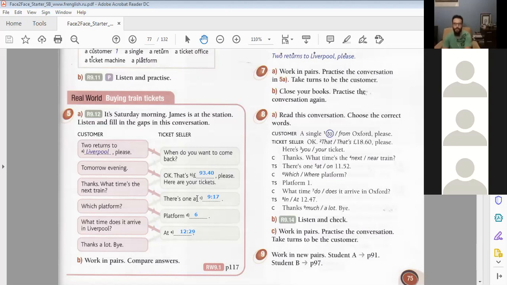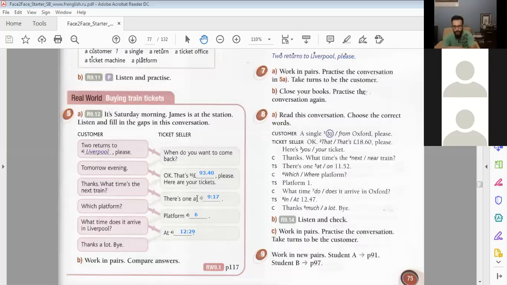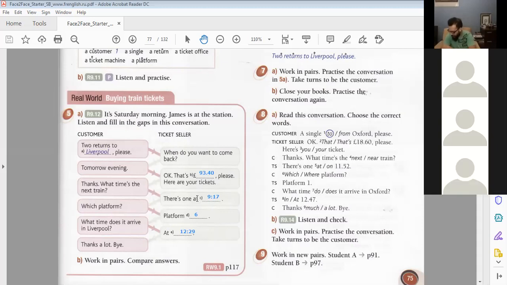Thanks. What time's the next train? Can you repeat it again? Media, what time?